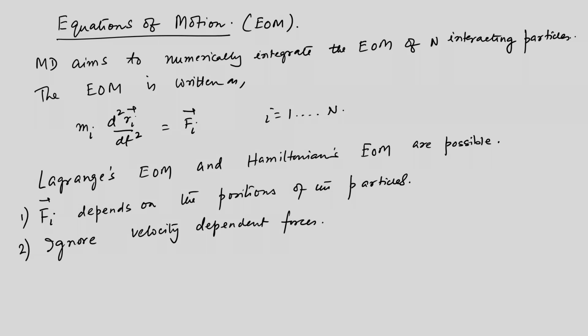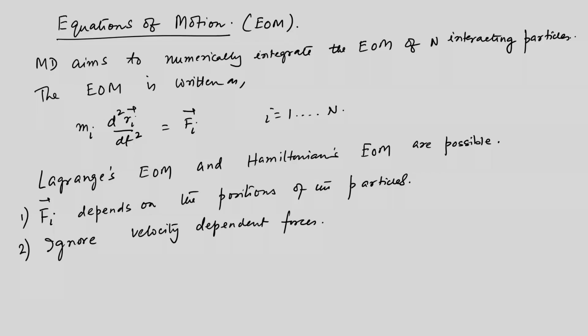So, when you have velocity dependent forces, when you have a damping term, or if you are talking about a charged particle in an electromagnetic field, the force of course depends upon velocity, and so there are complications there. So, we ignore these velocity dependent forces, and so the positions of the particles are given by R1, R2 and Rn.